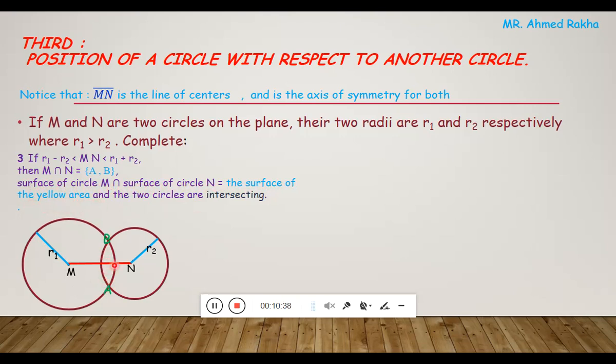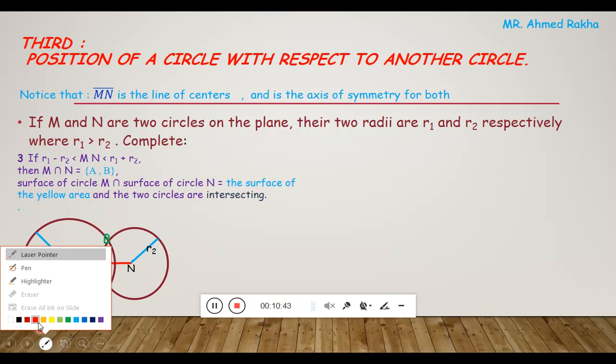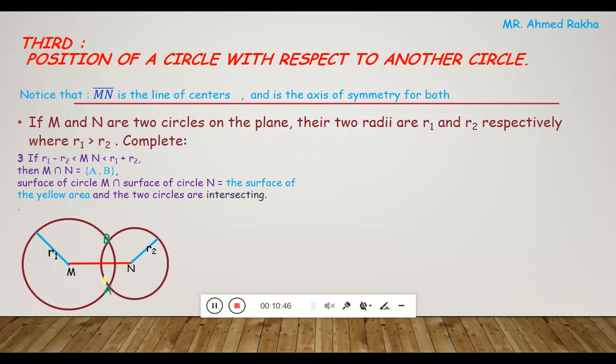Here we have this area, we will color it in yellow. This area, which is in yellow, is the intersecting area.